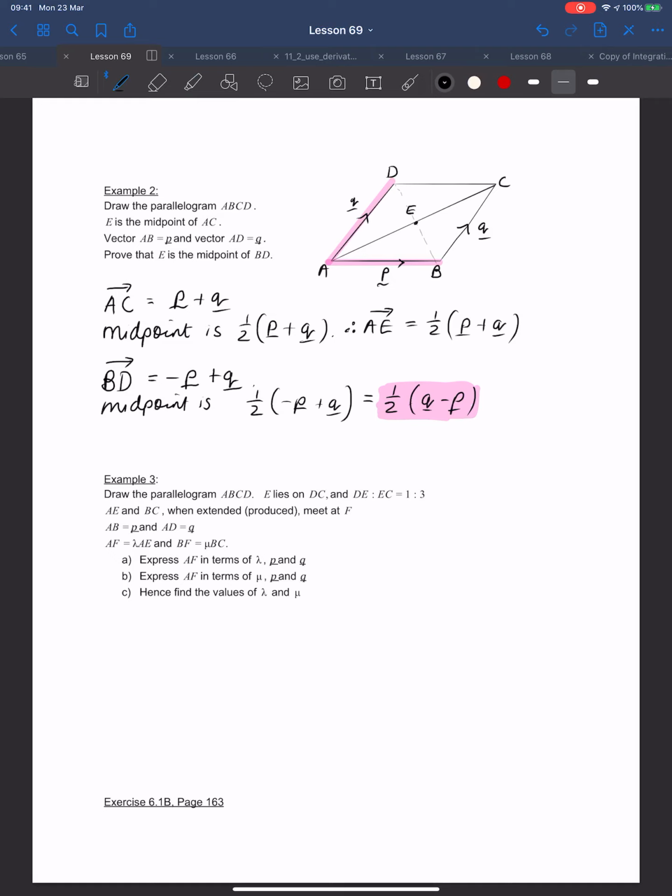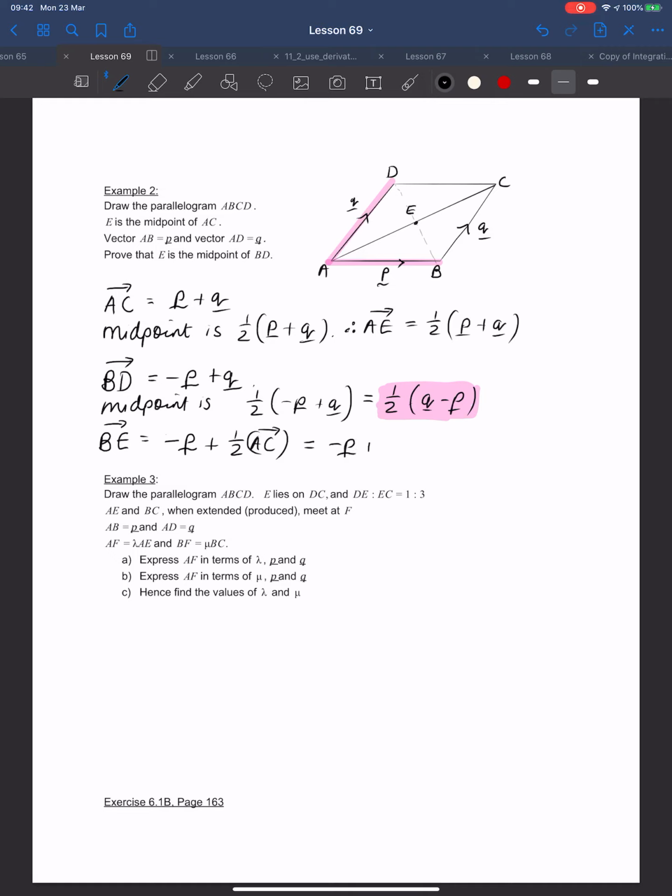If we go from B to E now, what we need to do is show that it's half of Q minus P. So B to E is minus P plus a half of A to C, because E's the midpoint of A to C. We've already set that up.